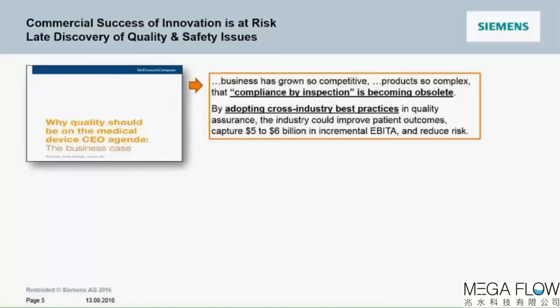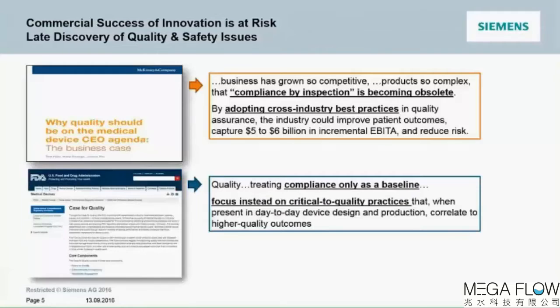There's a McKinsey report entitled "Why Quality Should Be on the Medical Device CEO Agenda," in which they talk about the growing competitiveness and increasing complexity of medical device products, and cite the fact that the traditional methods of compliance by inspection or quality by inspection is becoming obsolete. They cite the need for the industry to start adopting cross-industry best practices to make significant improvements in patient outcomes and safety, and importantly, leading to economic benefits as well.